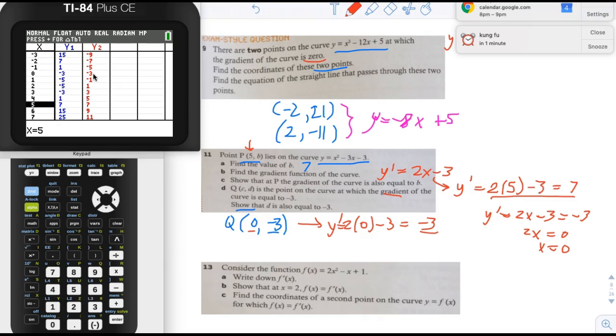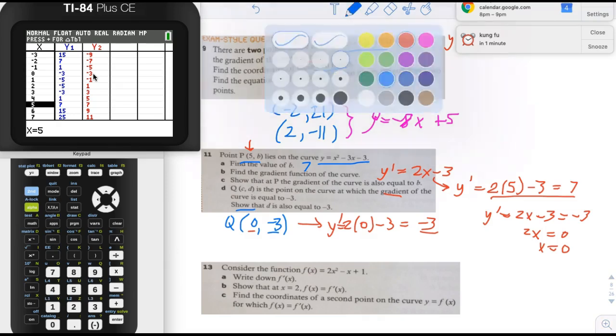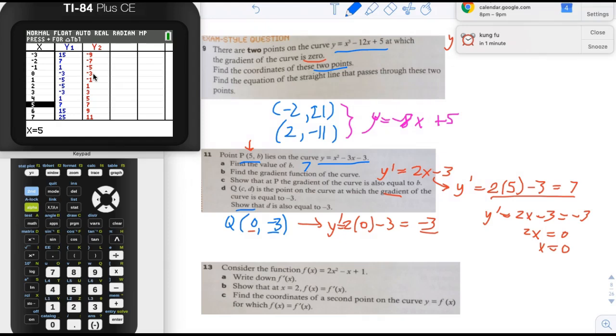Once I show that x equals 0, then I can go back and put it into the blue equation. The blue equation is x squared minus 3x minus 3. I could put in 0 squared minus 3 times 0 minus 3, and I could see that the blue y value is going to be -3 in that case. And so then I say, okay, -3 red, -3 blue. It matches what they said.